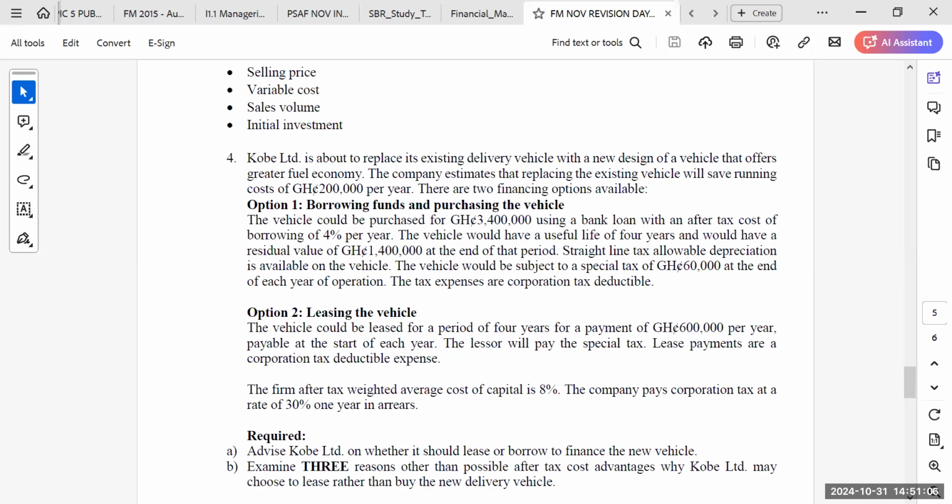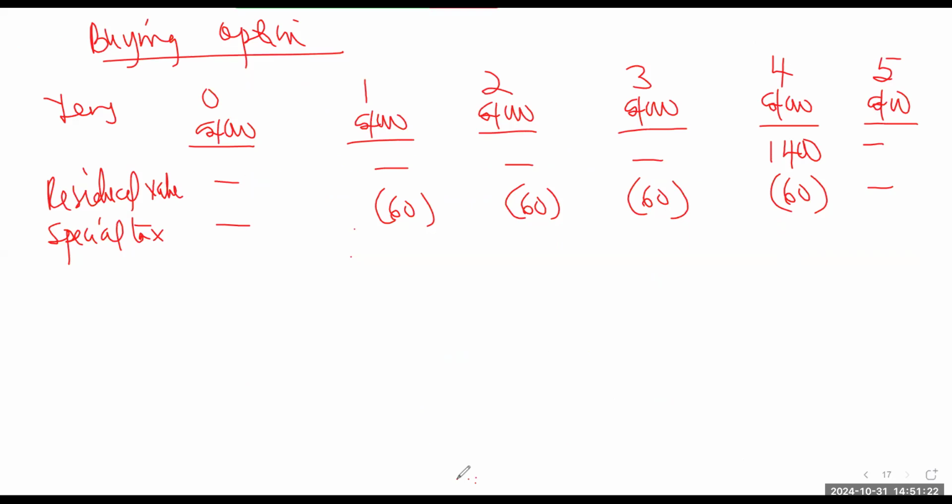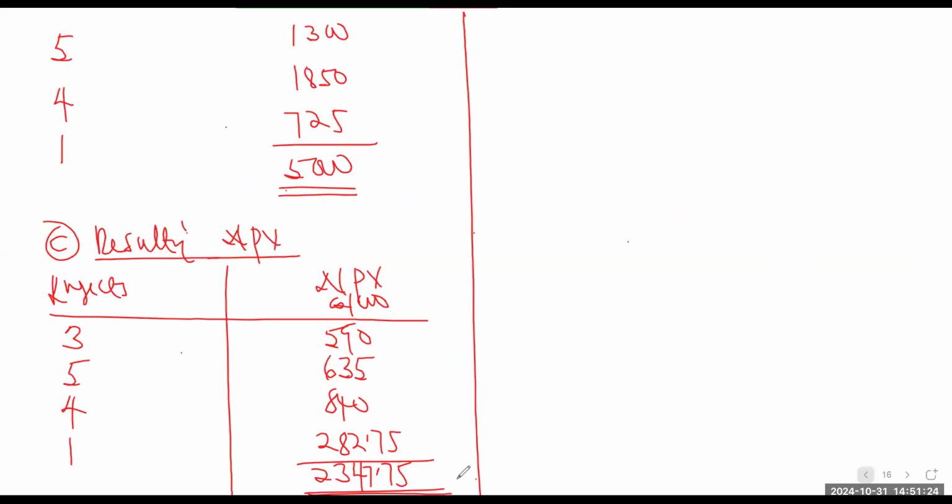We have the special tax and the initial amount. We count the initial amount there. There's no other benefit over there. We have done the residual value already. But this is what we are going to be doing. So this is going to be taxed. The depreciation, we are getting taxed on depreciation. So we calculate the tax benefits.